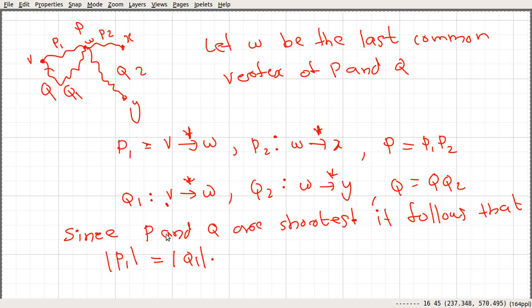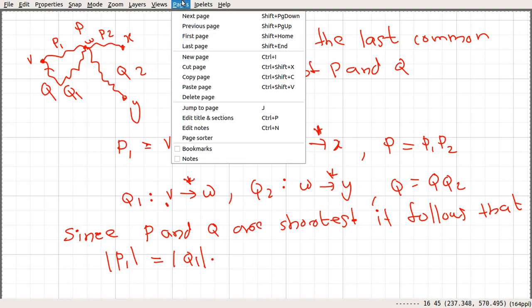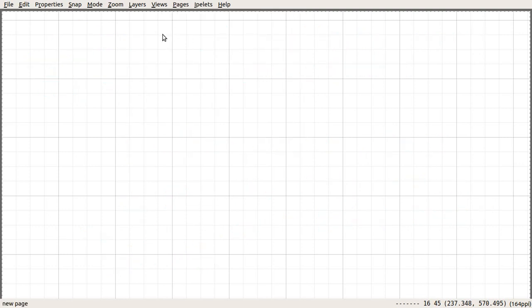And again we can see that since P and Q are shortest, it follows that P1 is equal to Q2, and since the length of P1 is equal to P2, then P1 and Q1 must have the same parity. Either P1 is even, then Q1 is also even, or if P1 is odd, then Q1 is also odd, because P1 and P2 have the same length. So let me write that down.